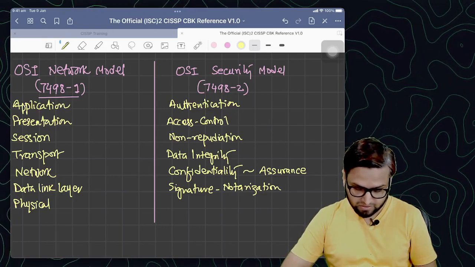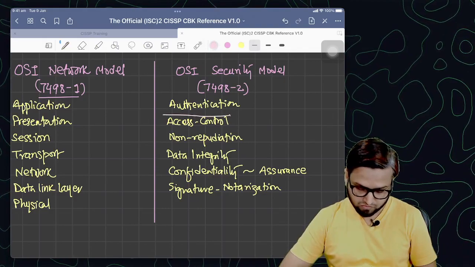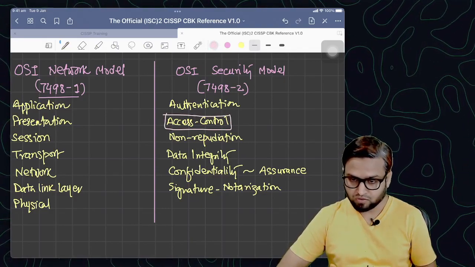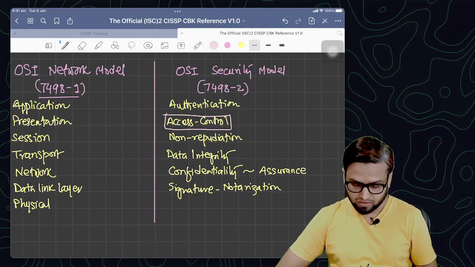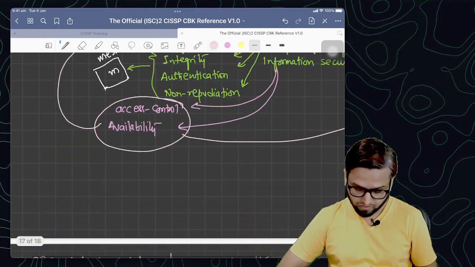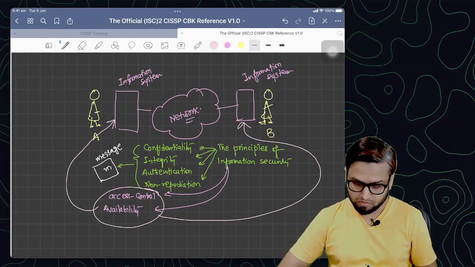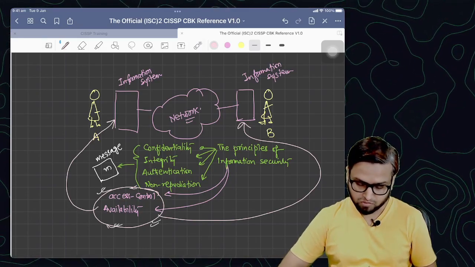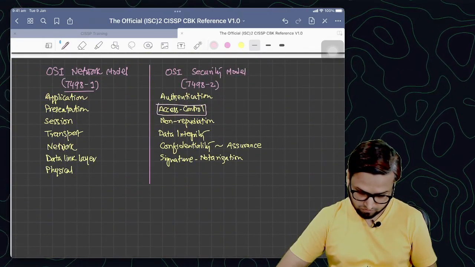So anything except access control is the property of information system. The principle of access control applies with the information system, as I explained in my previous drawing here. Right, access control and availability, these things are basically the property of information system.